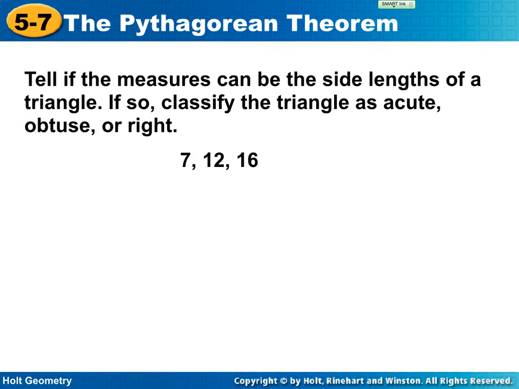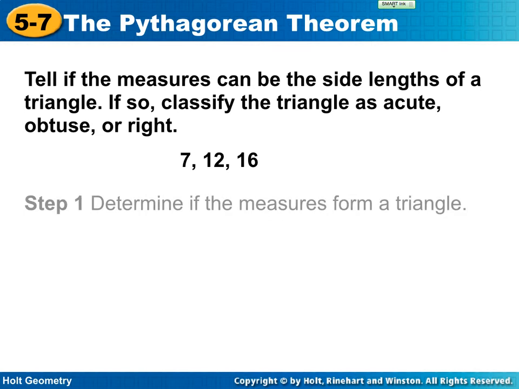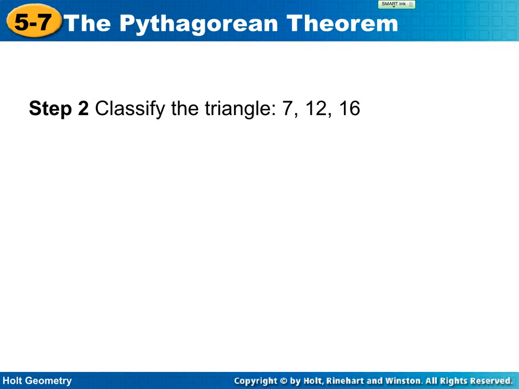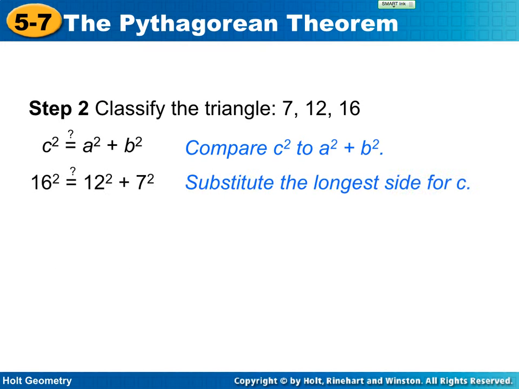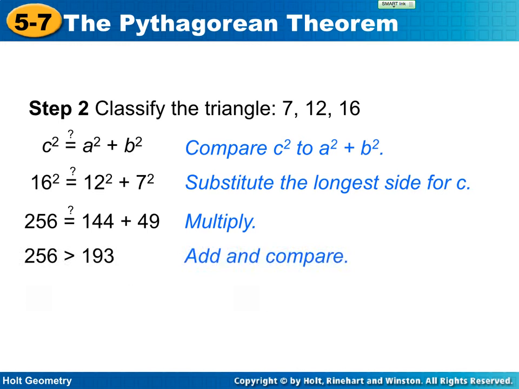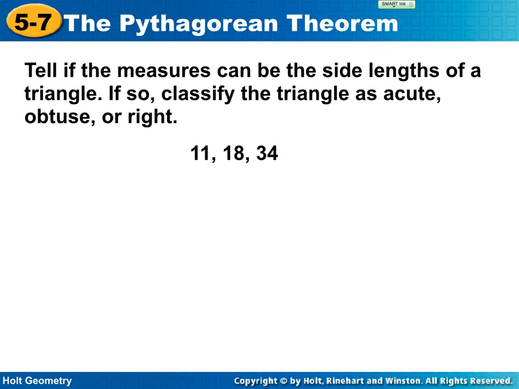That one should have been an obtuse triangle. The c squared was bigger on that one. 11, 18, 34.